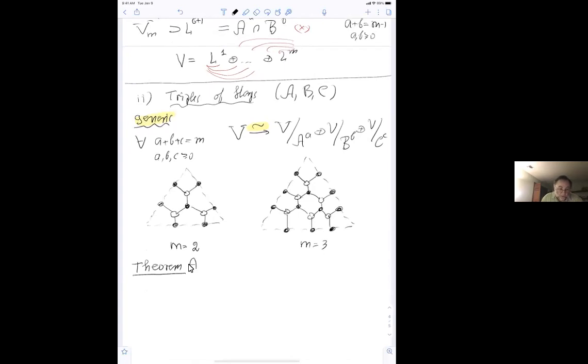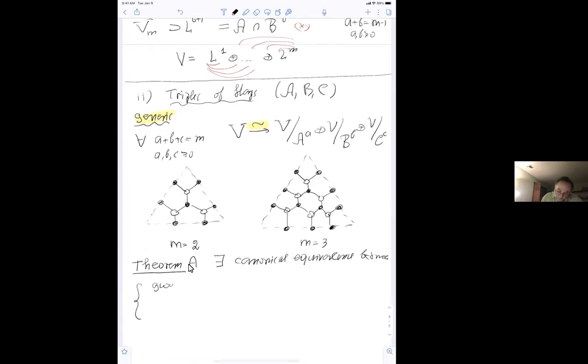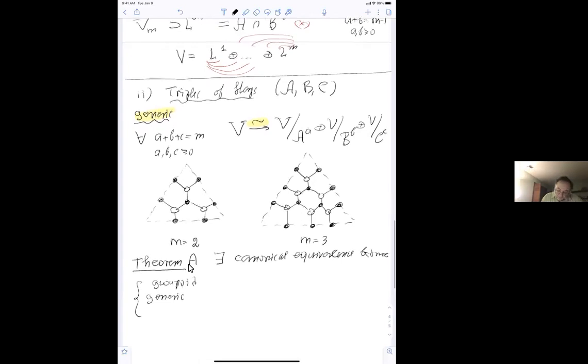So theorem A: there exists a canonical equivalence between the following groupoids. One of them is the groupoid of generic triples of flags in some vector space of dimension m.